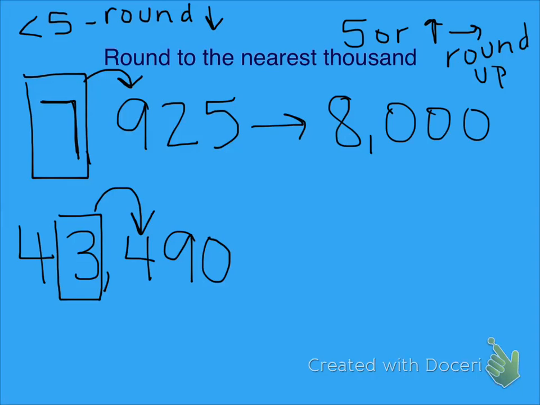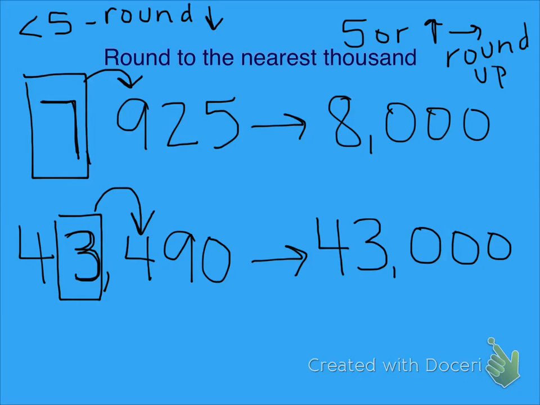And what that means is that we're not going to make this 3 a smaller number. It's just going to mean that it's going to stay a 3 instead of moving up to the next 1,000. So when you have a digit to the left of where you're rounding, that digit stays the same. So we're going to leave that 4, then we're going to leave the 3, and everything else becomes a 0.